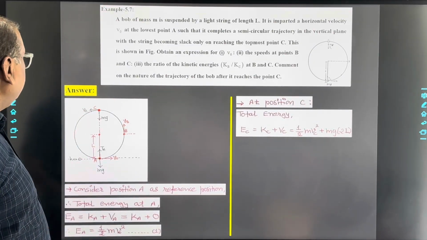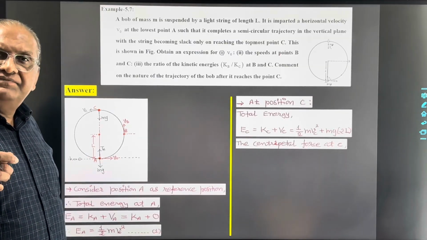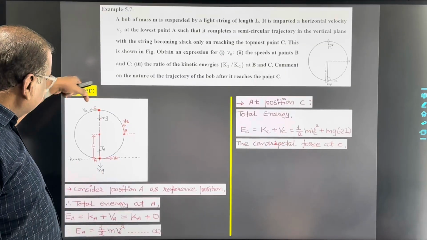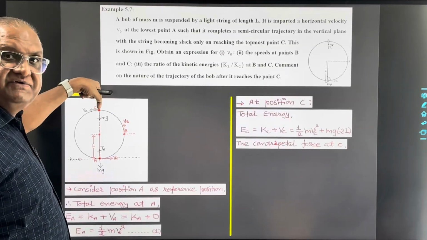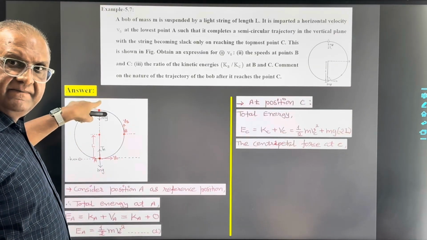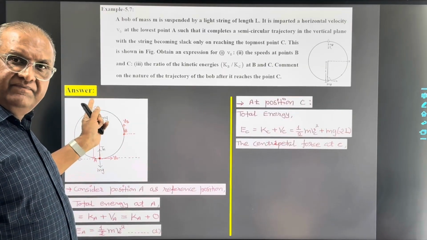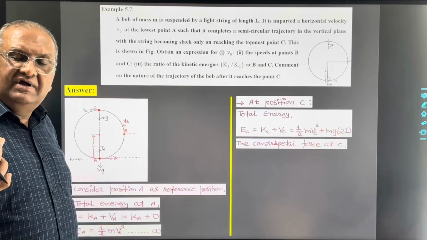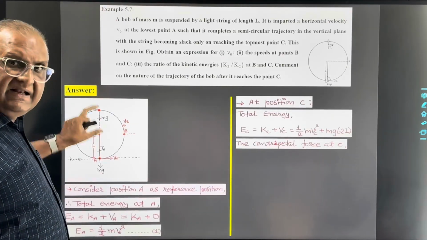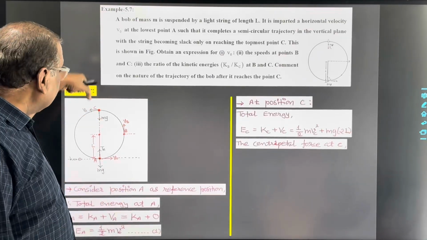Now it is given that when it reaches C, the string becomes slack. It implies that there is no tension in the string. But the weight mg acts towards the center when it reaches C. So for this circular motion, the required centripetal force at C, that is m vc square by r, where r is L, is provided by the force towards the center, that is mg.